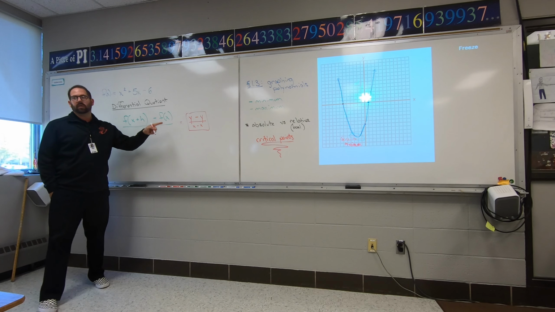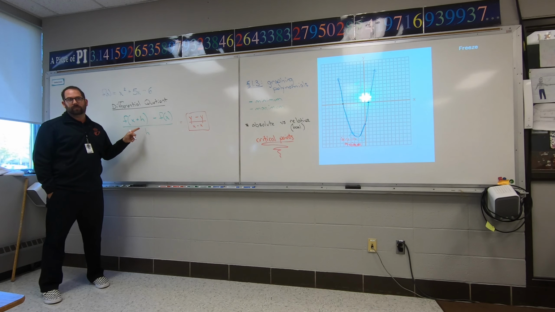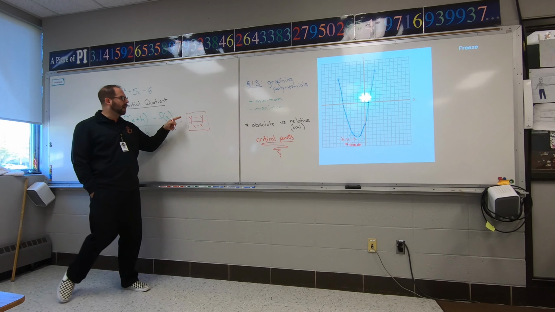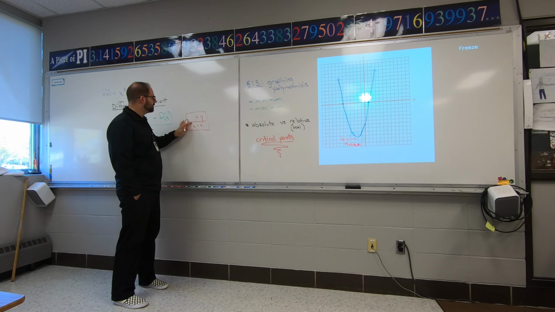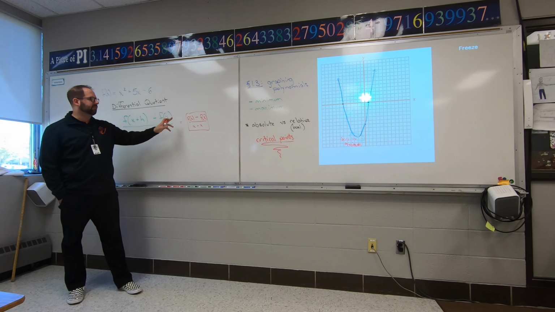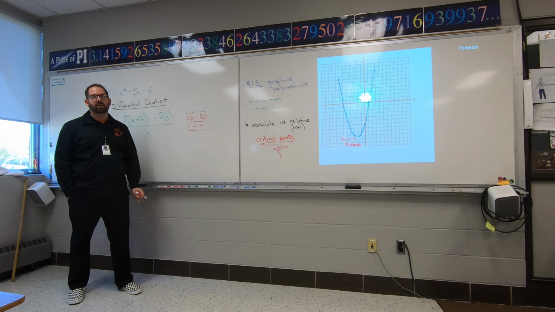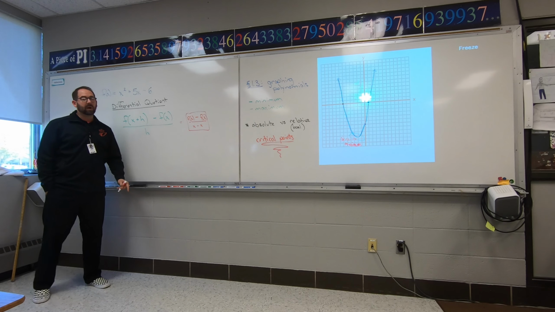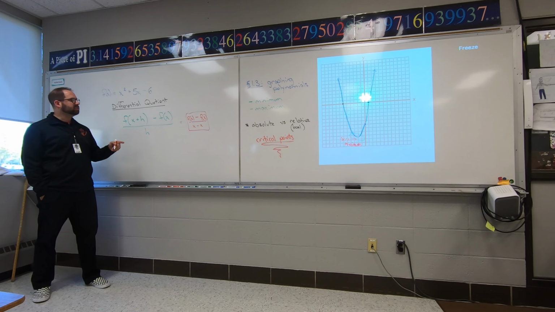That thing you're looking at there in that little box is this thing. It just looks different. Instead of writing y's, they write f of x's. F of x means y, right? It's whatever x you're plugging in, that's your y's. It's just a big fancy way of saying it. It's the name of the function plus whatever the variable you plugged in. Well, the variable they plugged in wasn't just x, it was an x plus h.